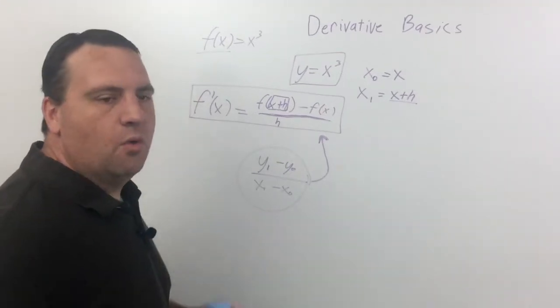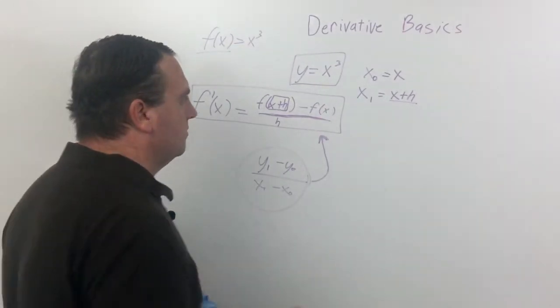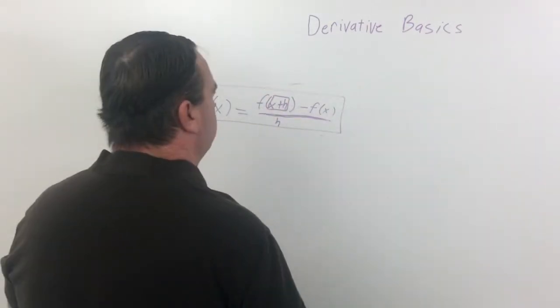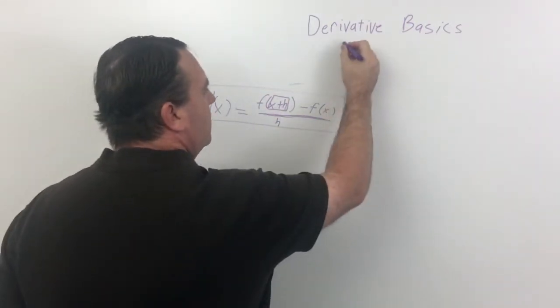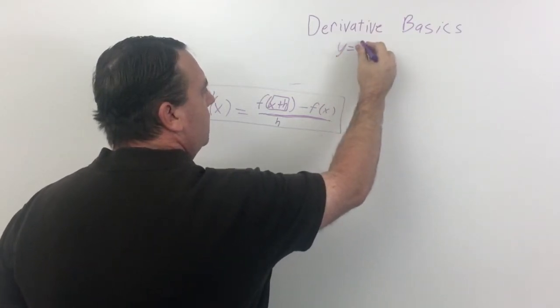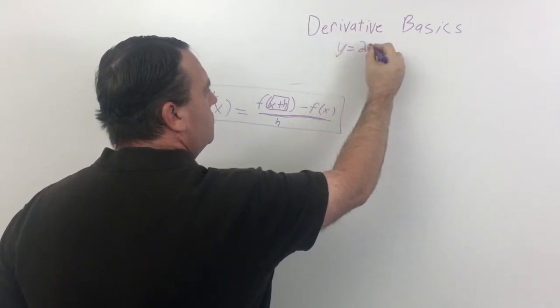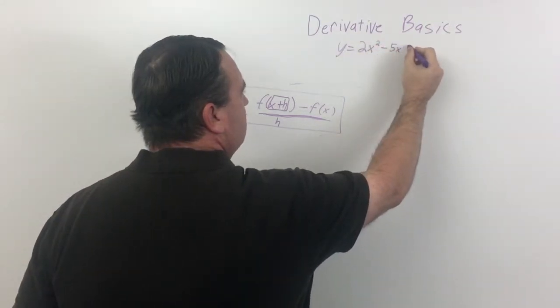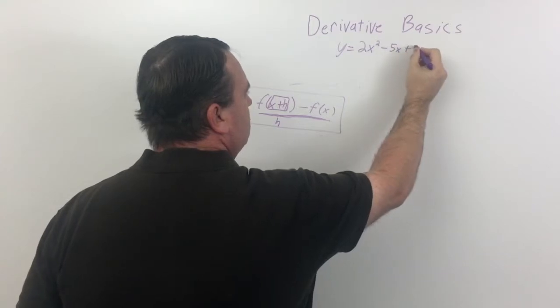Okay, so let's do one more just to hit home the point. Let's say we have the equation y equals 2x squared minus 5x plus 3.